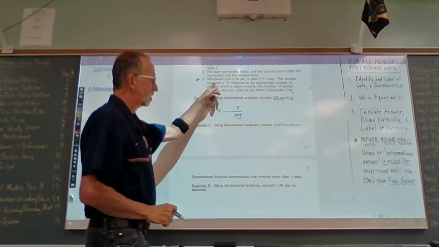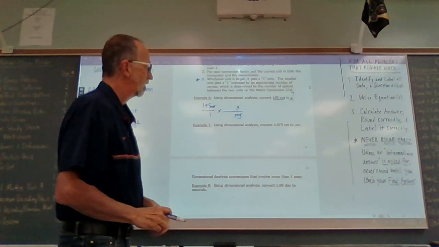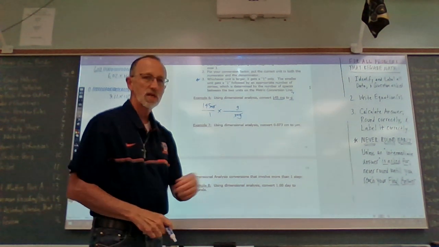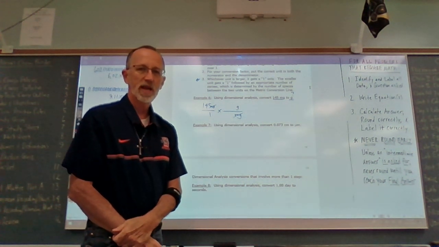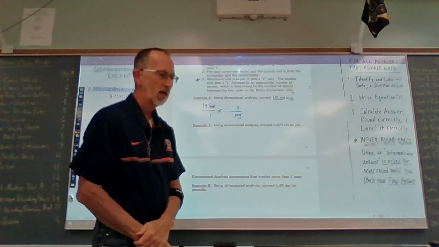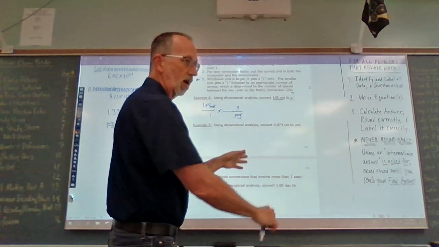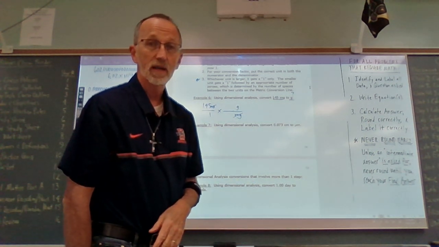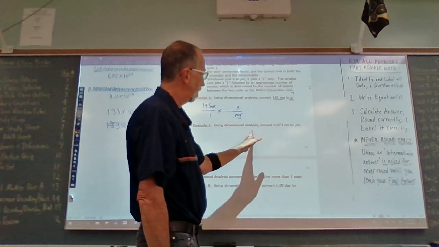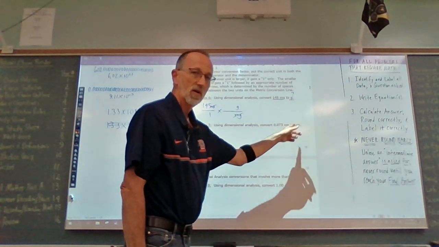Now, let's go to this right here. Whichever unit is larger. Which is larger, grams or milligrams? So visualize the metric conversion line. Grams is the base, right? Milligrams is over here, 3 spots away. Remember, they're getting smaller going this way.